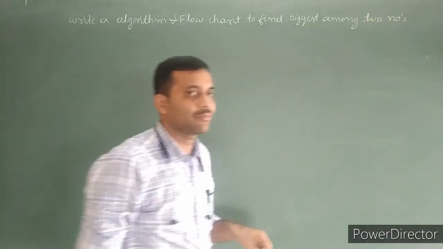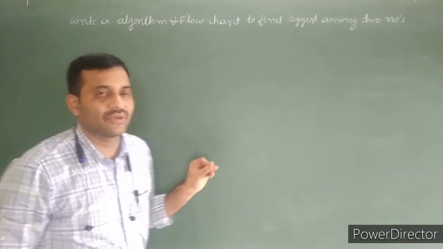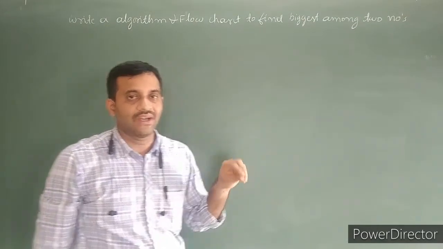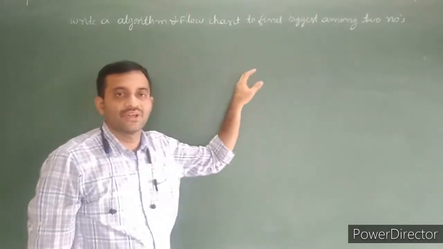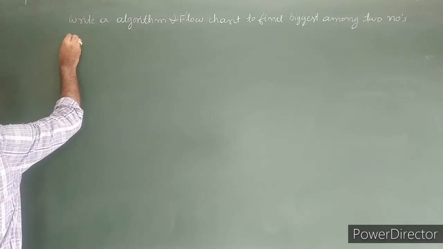We already wrote a program to find the biggest among two numbers using if else, but here we write the same program using simple if. First we write the algorithm.